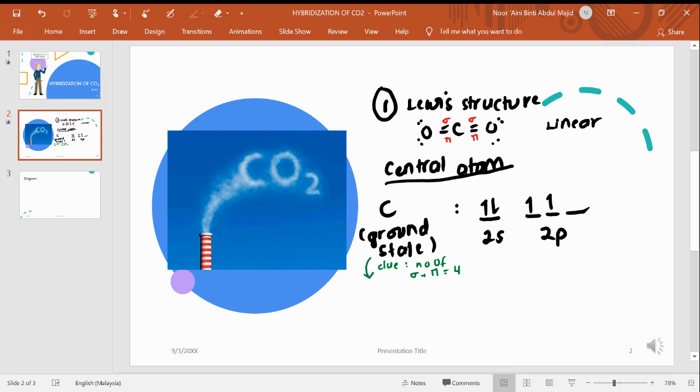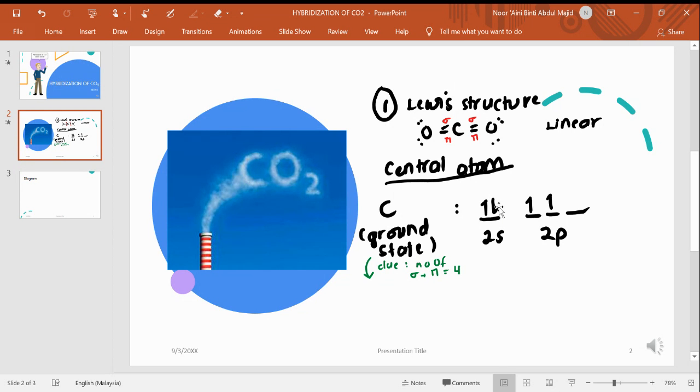So having 2 unpaired electrons is not enough. We need 4. So what needs to be done, or what happens in carbon actually? One electron that is paired, it is always from the paired electrons.